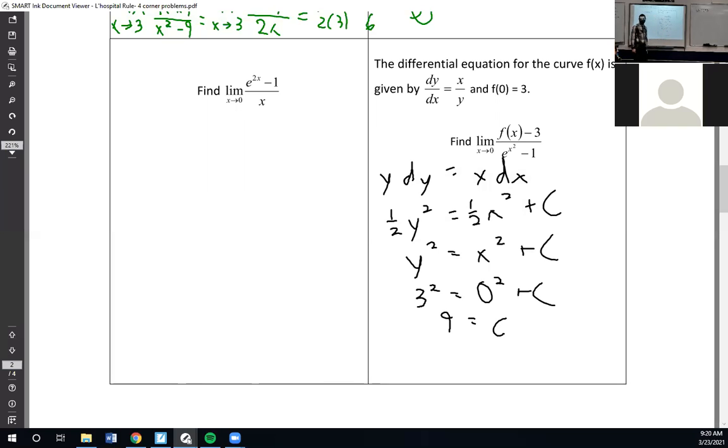C is 9. Which means that y is the positive square root. I know it's a positive square root because I want the output to be positive. Again, you could have solved all the way down for y and then plugged in and solved for c. It's just wherever you find it easiest to solve for c.